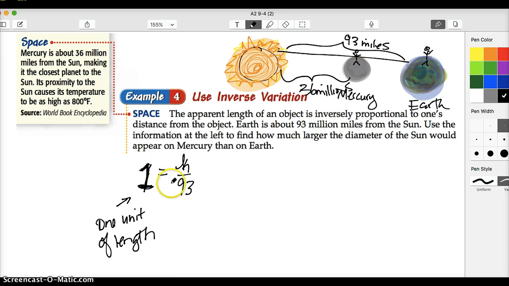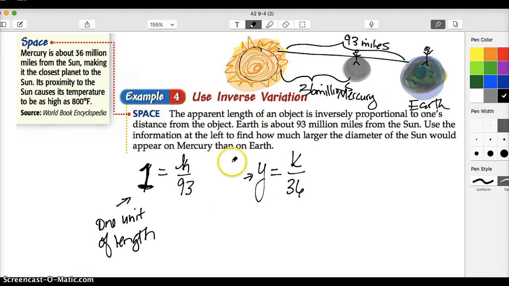Therefore, 1 is equal to k over 93, and some value y is equal to that same k value over 36. And when we figure out what y is, that's how we're going to calculate how much larger the sun would appear if you were standing on Mercury.